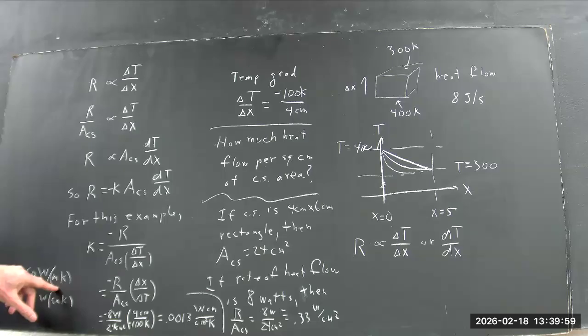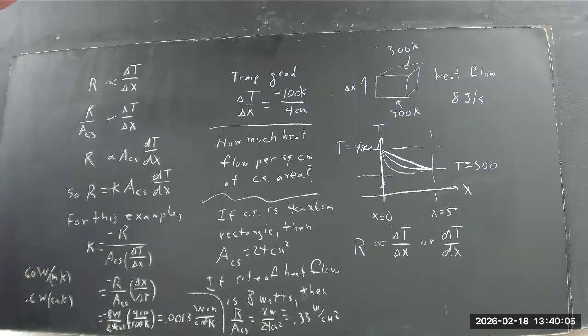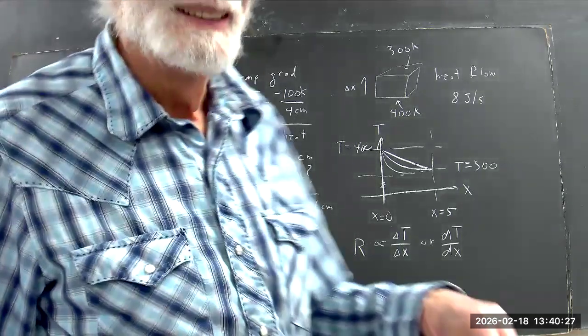Well, he had a 1 meter square and it was 1 meter thick. In any case, when you go from meters to centimeters, your denominator becomes 100th as great, which means, I didn't put my slash in there. Yeah, you figure it out.